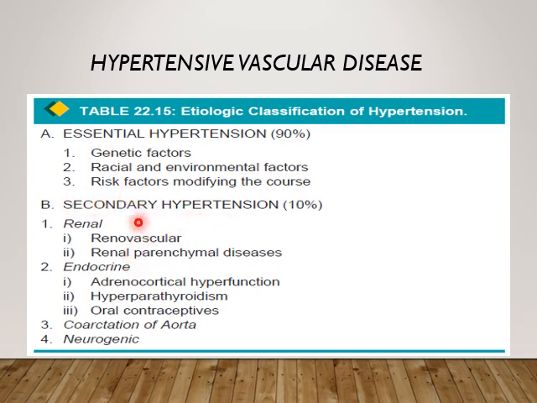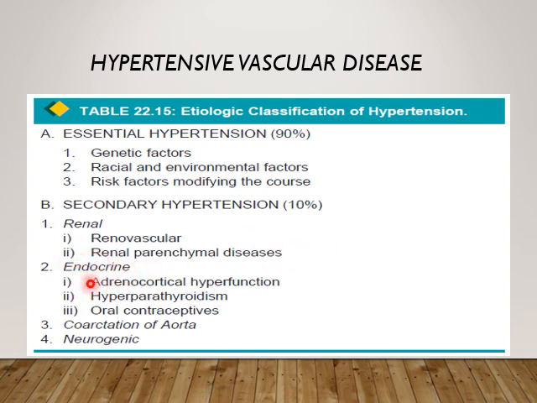That is why it is called secondary hypertension. Among that, the renal causes are divided into renal vascular, that is due to defects in the vessels, and renal parenchymal diseases, whose causes will be explained in further slides.